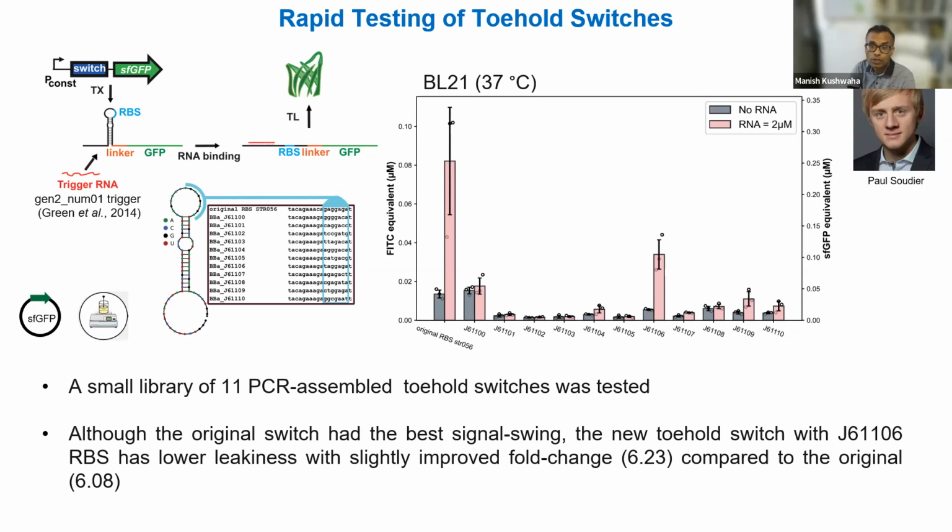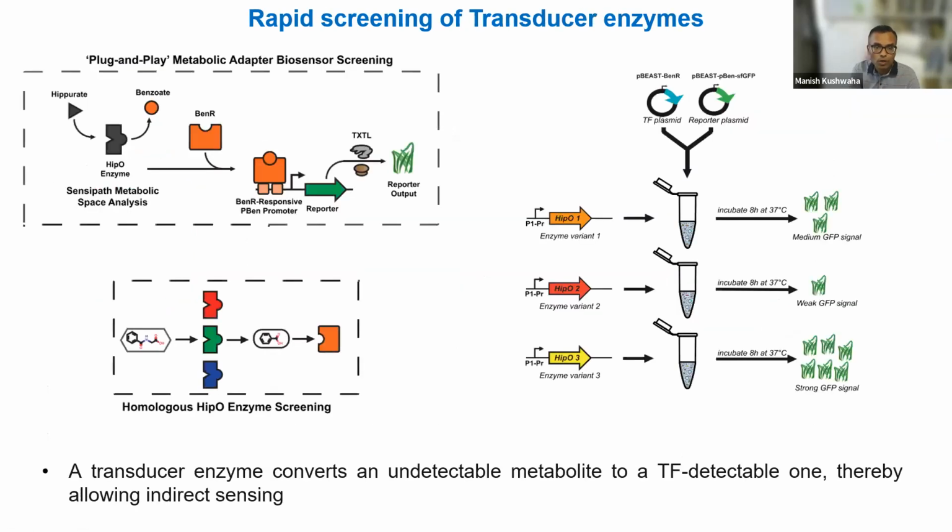All right, so now that we could do this for sensing RNAs, we also wanted to use that for identifying better transducer enzymes. So I will just quickly define what transducer enzymes are. In the lab, we are interested in sensing metabolites, and sometimes you don't have the right transcription factor for the metabolite that you're interested in.